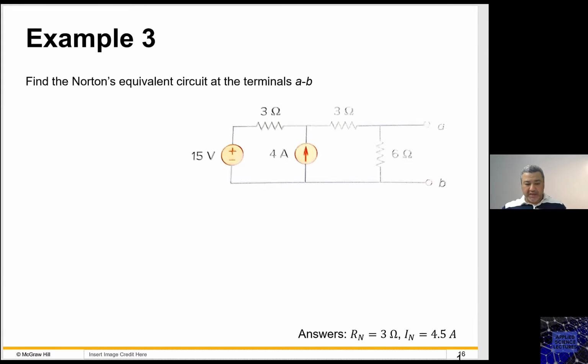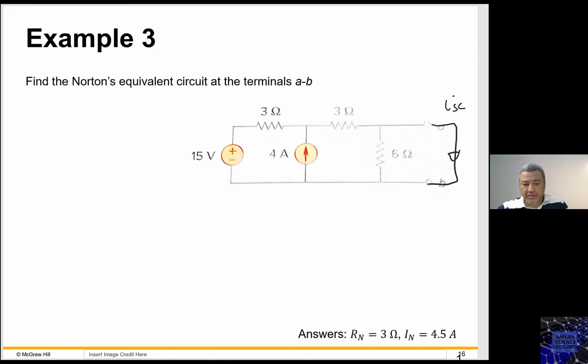So let's look at this example to find the Norton's equivalent circuit at the terminals A and B. So again, the same case here. As long as I have independent sources, look what I'm going to do. I will come here and put a wire right at the output and find the I short circuit. Now, what's going to happen if I put a wire at the output?